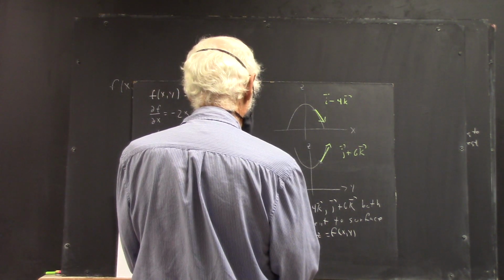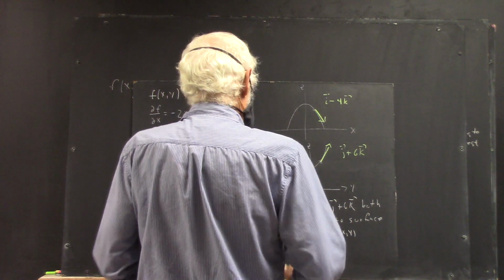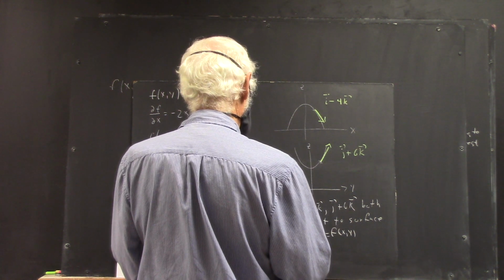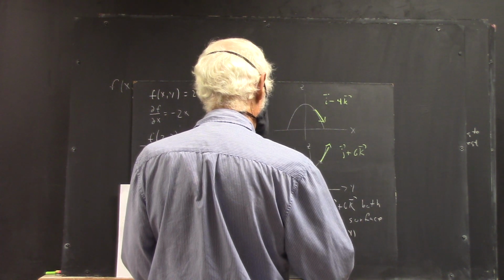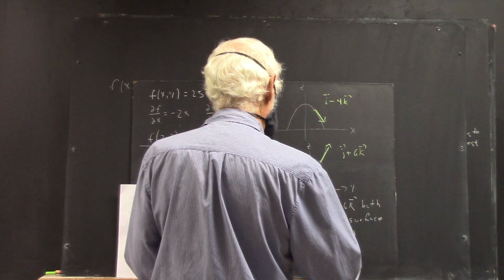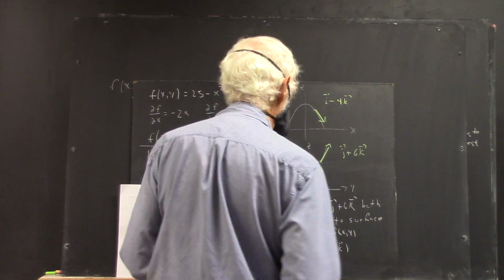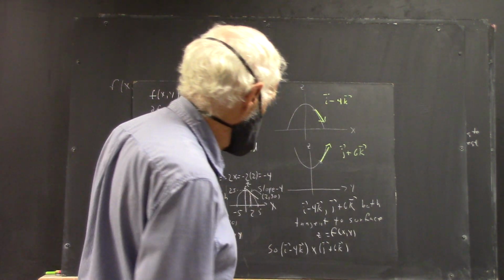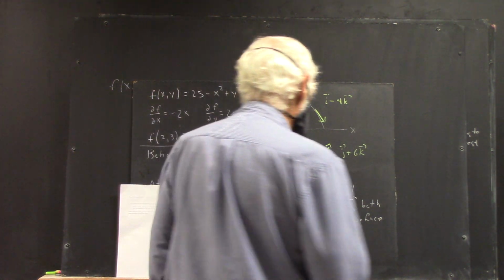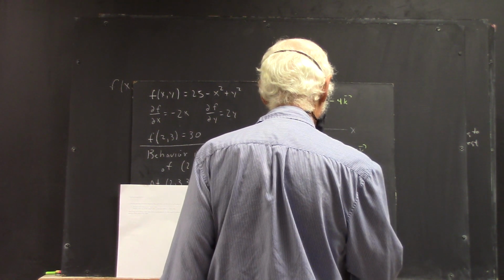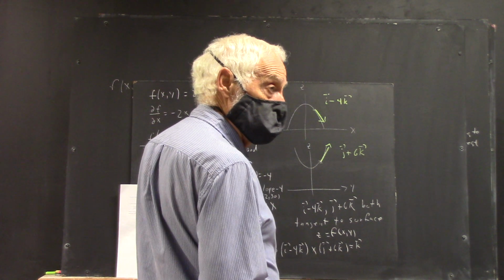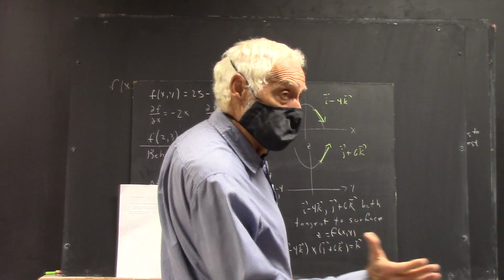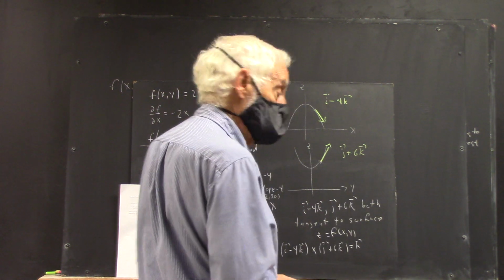So I minus 4k cross j plus 6k, which is easy to calculate. You can do the determinant if you like, but I cross j is k. I cross k, you know, do it carefully. I cross k is negative j, right?